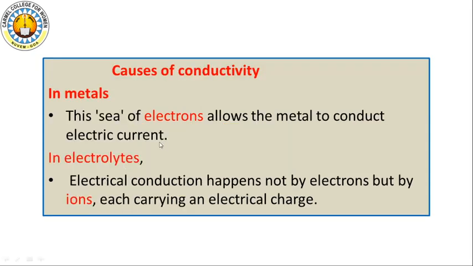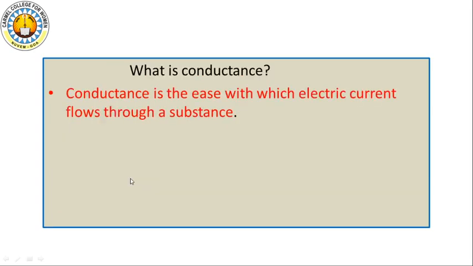Now in metals, it is usually the electrons which allow the metal to conduct electric current, whereas in electrolytes, it is the ions which carry an electric charge. Now what is conductance? Conductance is the ease with which electric current flows through a substance.